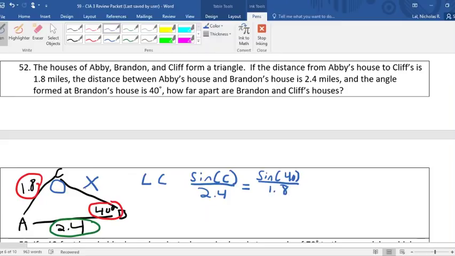So with this being true, angle C would be equal to the inverse sine of 2.4 times the sine of 40 all over 1.8.